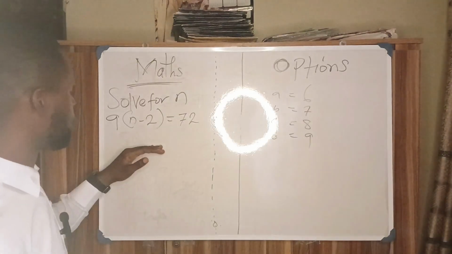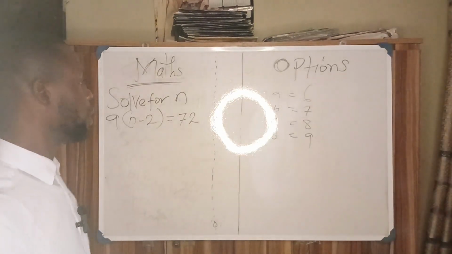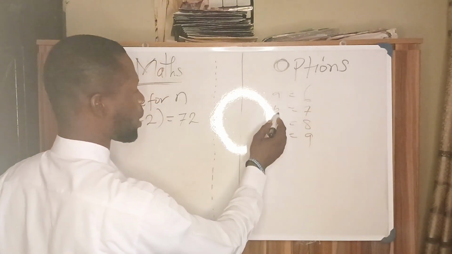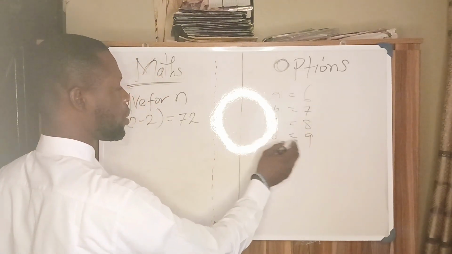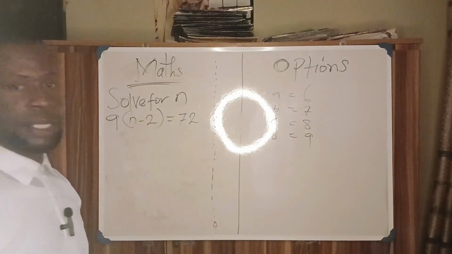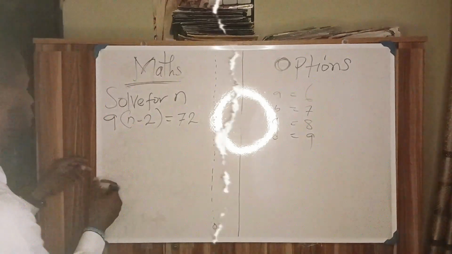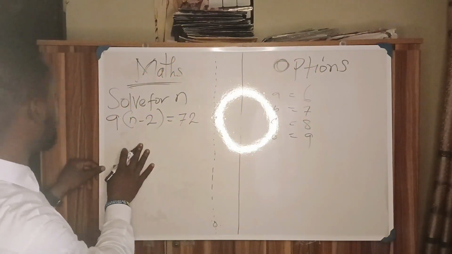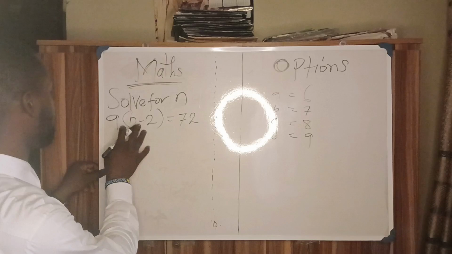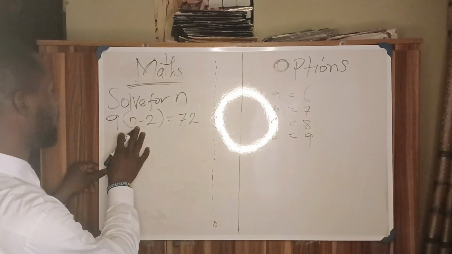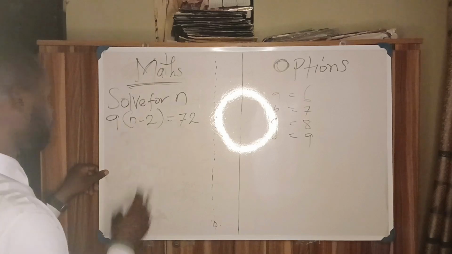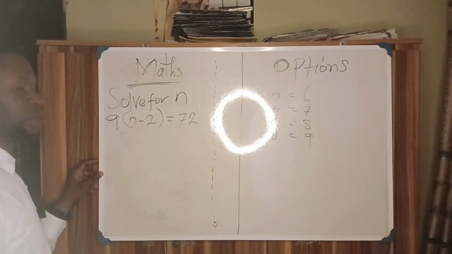Now, look at this question. There are two ways we can solve it. The options given are A equals 6, B equals 7, C equals 8, and D equals 9. So we are going to solve to see if the answer is there. Looking at it, we can open the bracket by using n to multiply n, 9 to multiply n, and 9 to multiply minus 2, then collect like terms and simplify.